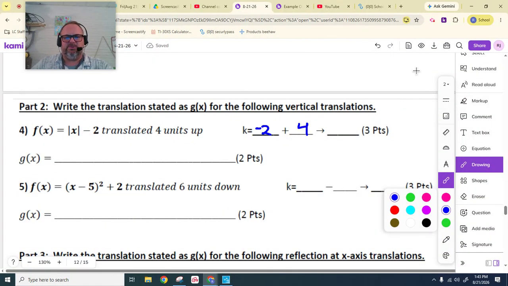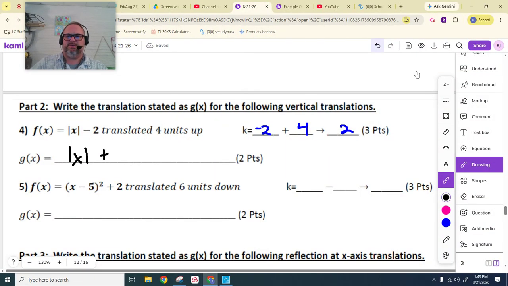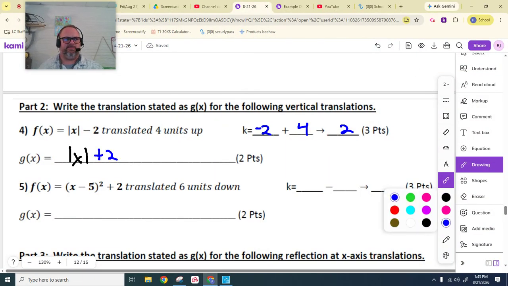All right, so this would be +2. This whole thing is 1, 2, 3 points. Okay. And again, if you mess something up here, that doesn't mess you up down here. So this would be the absolute value of x, and then plus, oh, biscuits, +2.